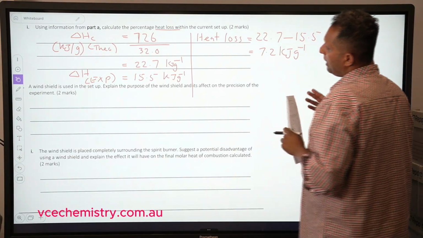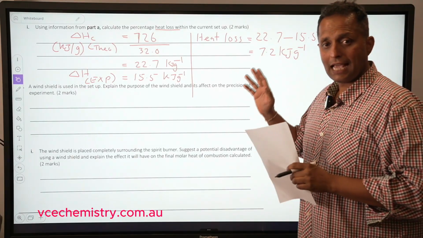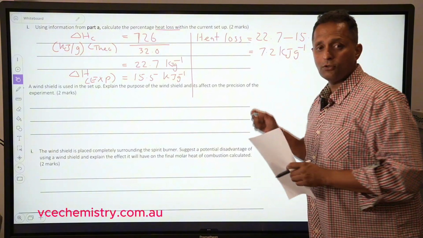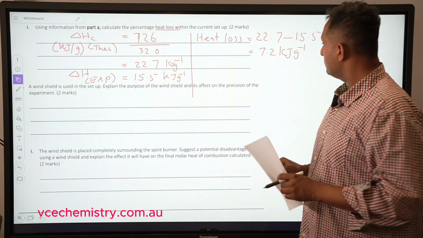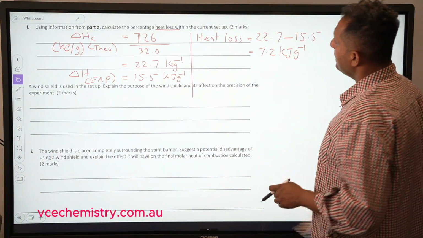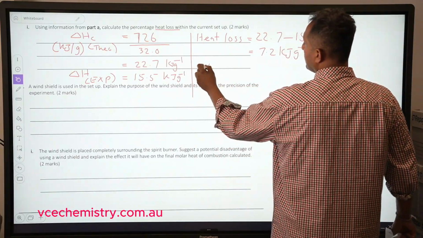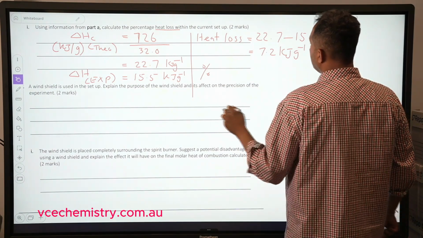So we have found the heat loss in kilojoules for every gram. Now it is easier for us to find the percentage heat loss. So percentage heat loss is going to be equal to what?